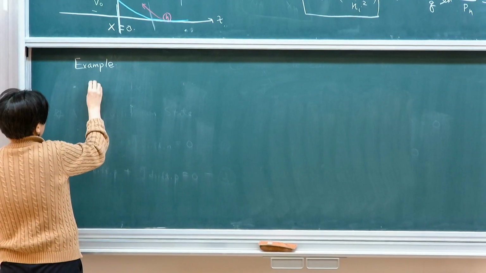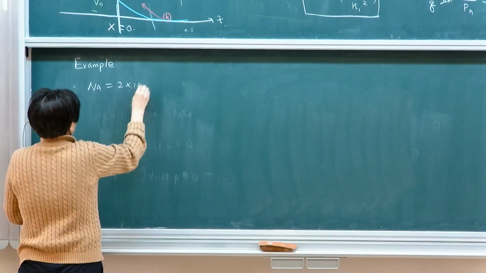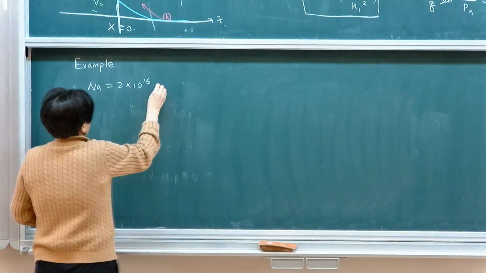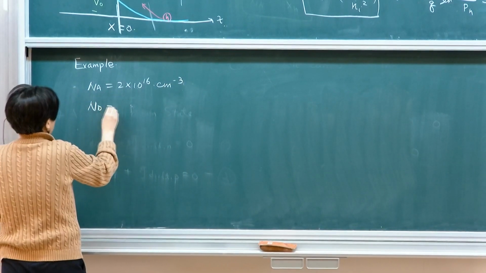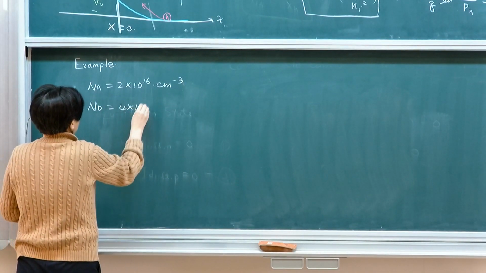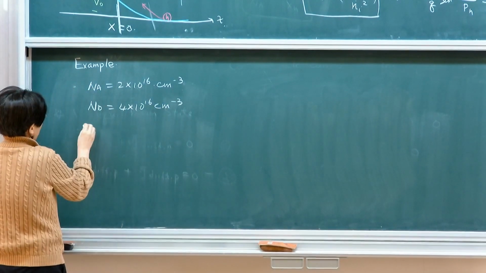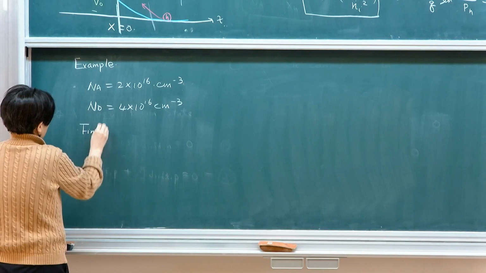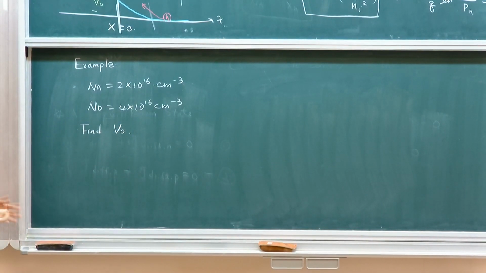For example, if I give you an NA of, I believe, 10 to the 16th, and ND. This is a very straightforward question, so find out the built-in potential.